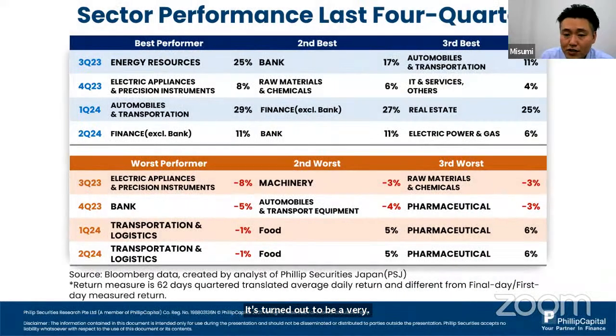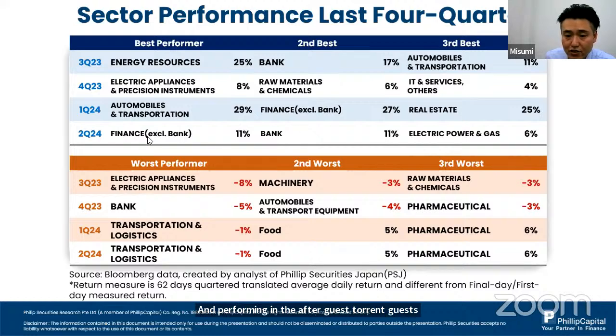For the sector performance of the fourth quarter, the most performing was banks, finance excluding non-bank sectors, and then banks, and electric power and gas. This is the recovery from the underperformance in electric power and gas.